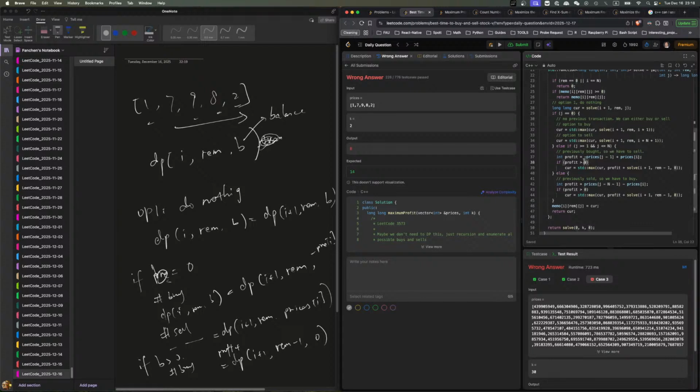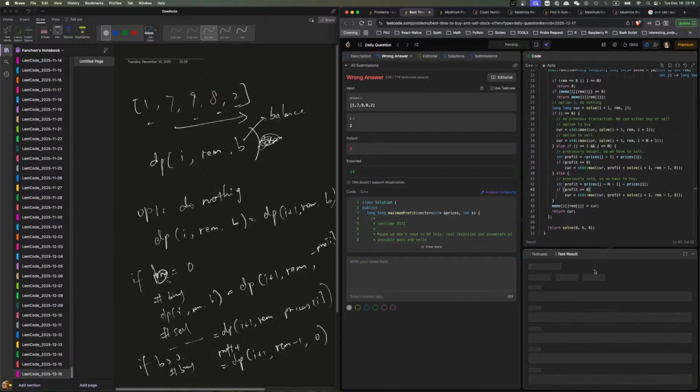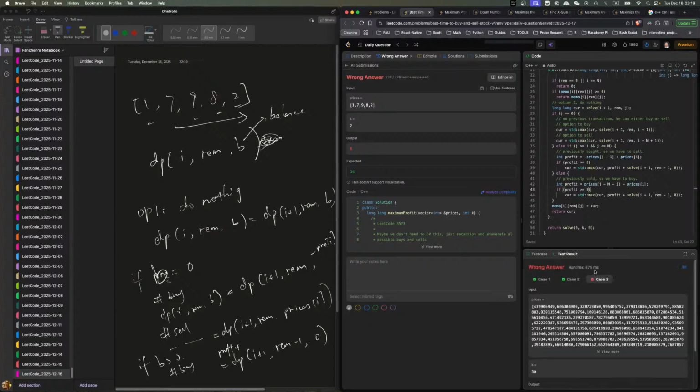That's wrong. Okay, what if we say larger equal to? Oh, it's still slow. And it's wrong.